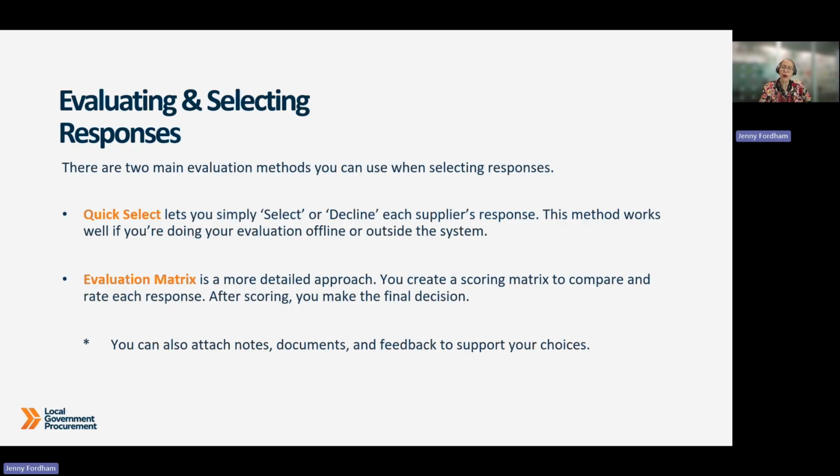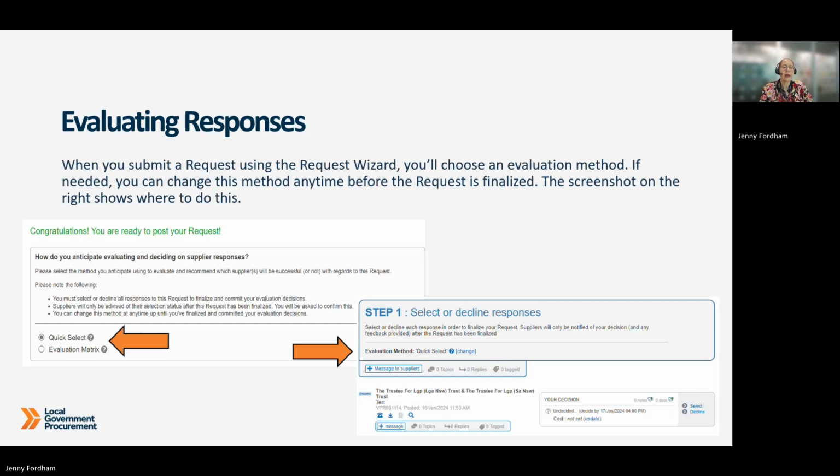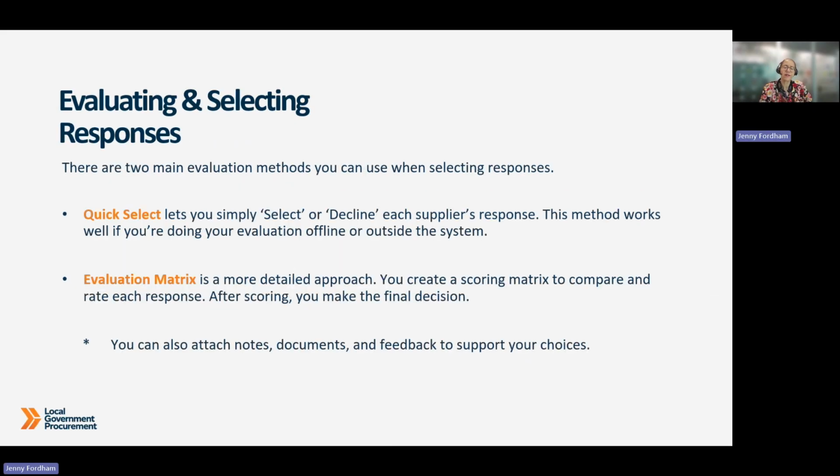We'll look at two ways to evaluate responses in VendorPanel. Quick Select is very straightforward. You can work through responses quickly. And this is useful if you've made decisions outside of VendorPanel.